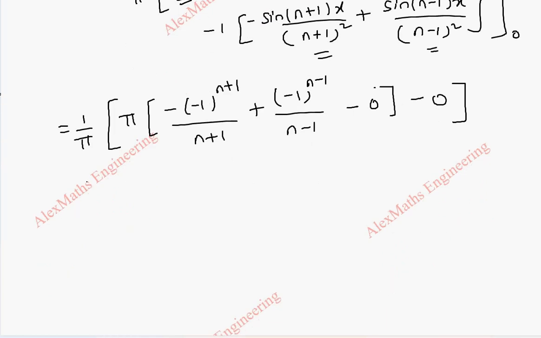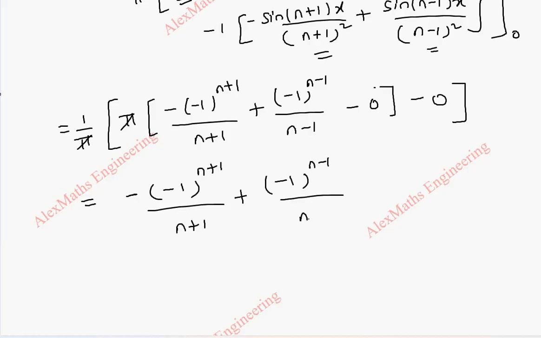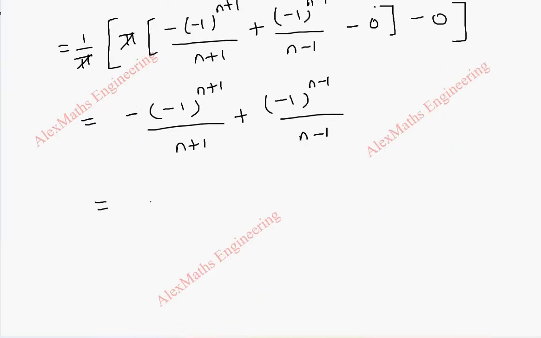Now we can cancel this pi and pi, and (-1) whole power n+1 by n+1 we have with a minus sign, and this is (-1) whole power n-1 by n-1 we have. This we are going to split further: minus of (-1) whole power n into (-1) whole power 1 by n+1.